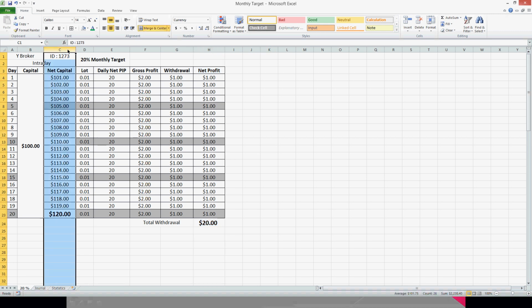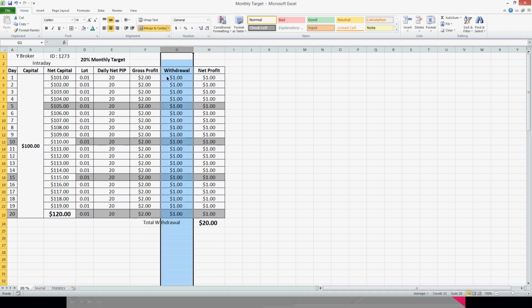This $1 a day will add up to your daily capital. If you do this for the next 20 trading days, you have 20 trading days for a month, then you should be able to grow your account to about $120 a month. This is the 20% target, and you will also be able to withdraw $20.